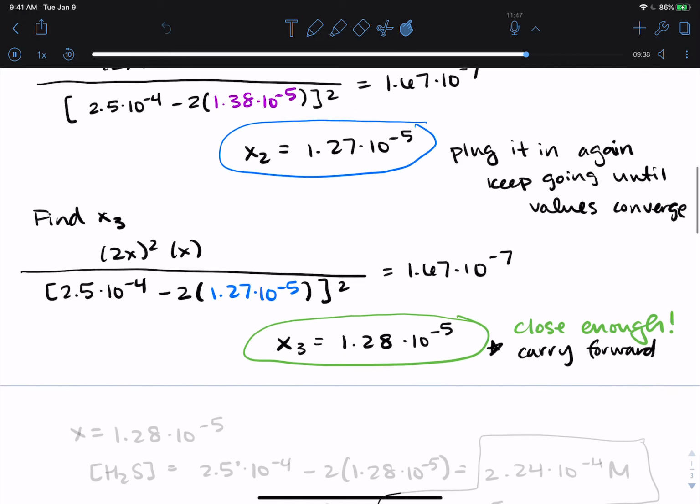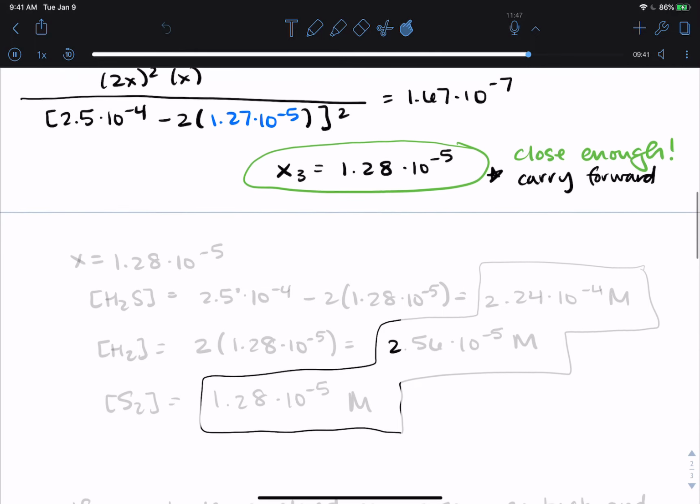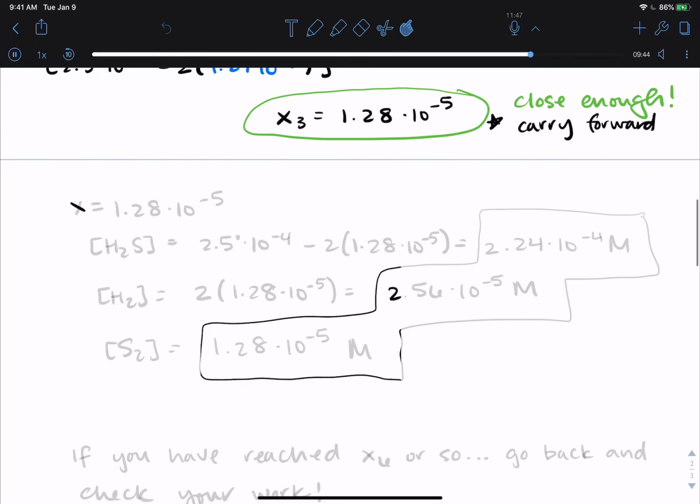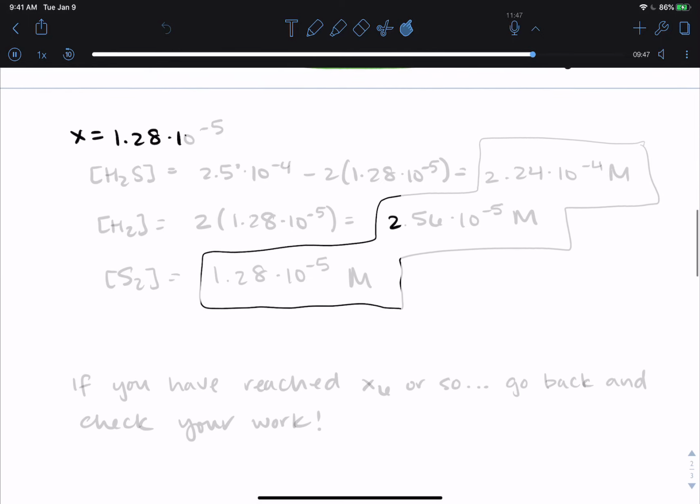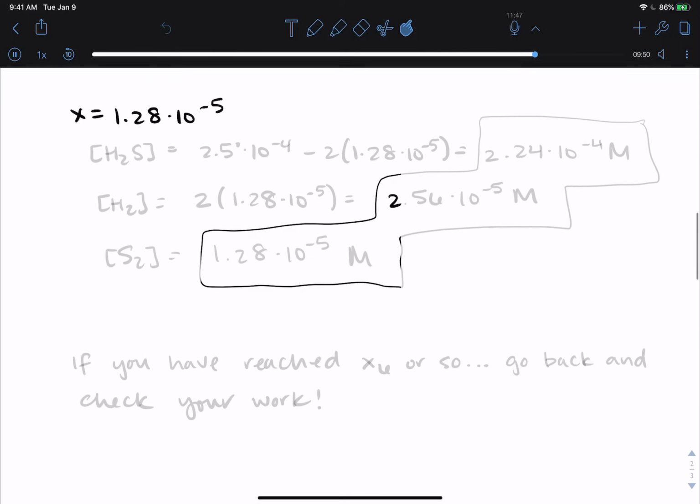All we've done is find our x value. So I can use x equals 1.28 times 10 to the minus fifth to find my equilibrium concentrations, right? So for H2S, that means 2.5 times 10 to the minus 4 minus 2x. For H2, that means 2x.